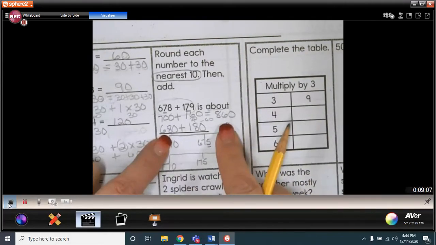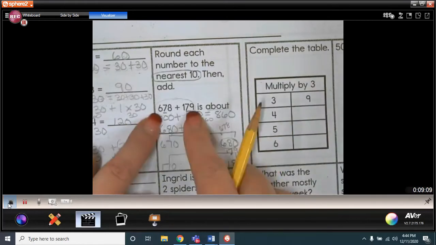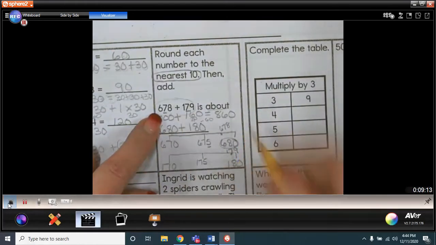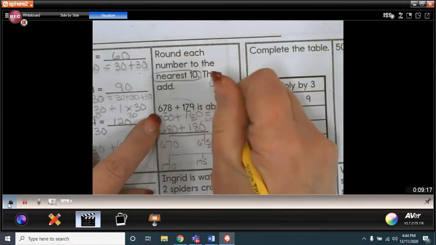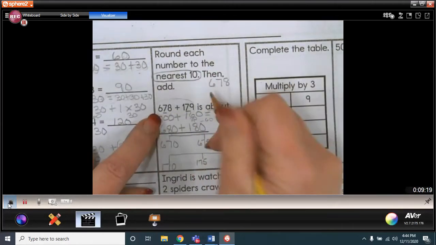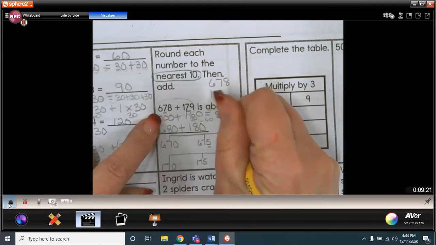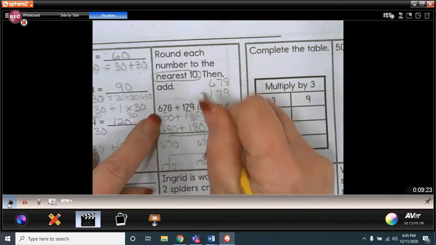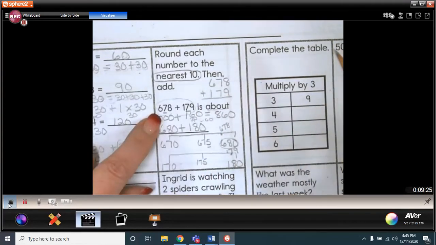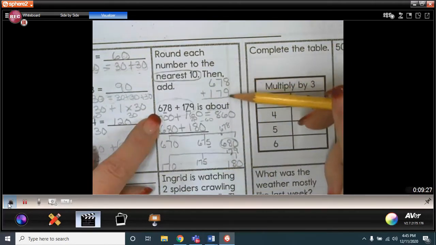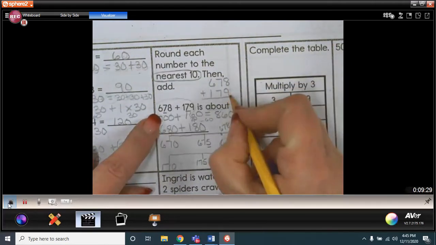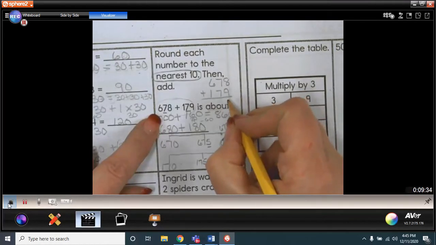That's my rounded estimate. Now, if I wanted to know the exact sum of 678 and 179, I could take 678 and add to it 179. I can line up my place values. So 9 and 8, 8 plus 8, if you know 8 plus 8, you're using your doubles.